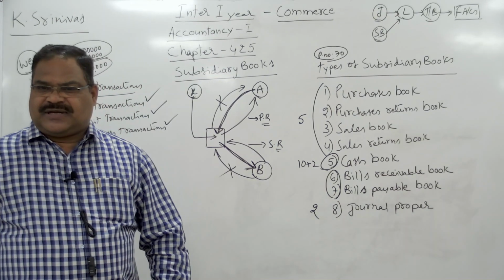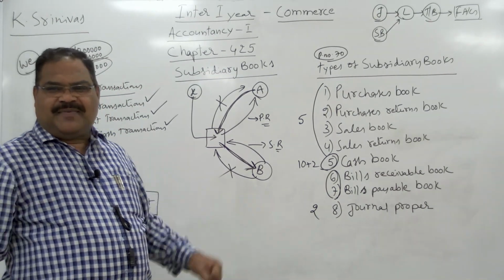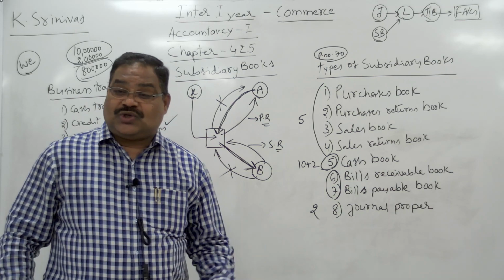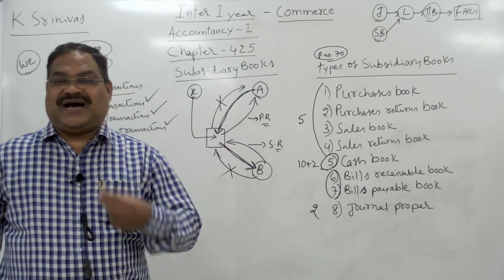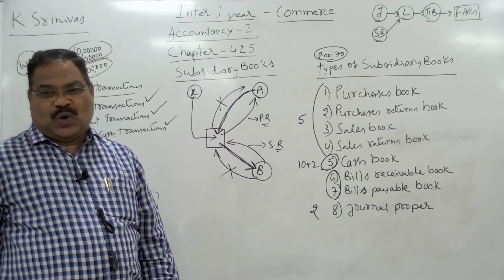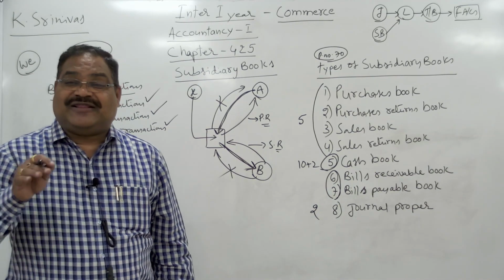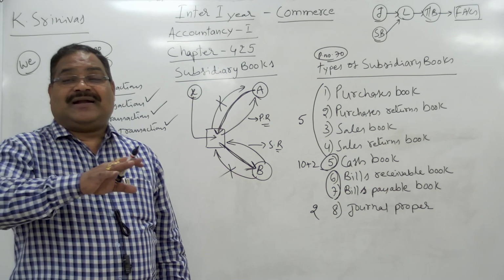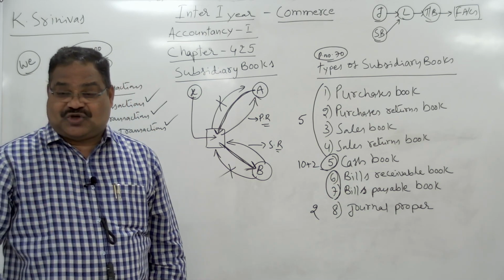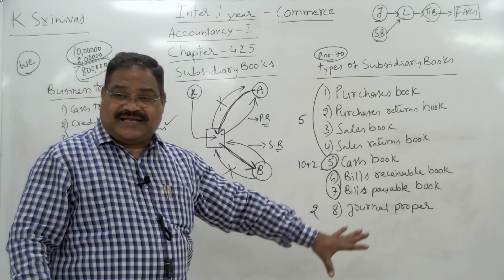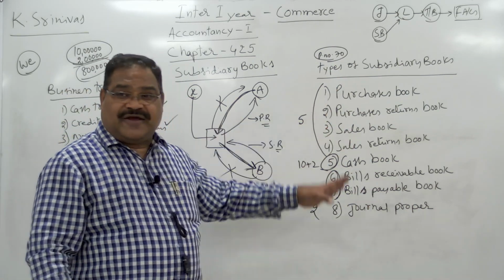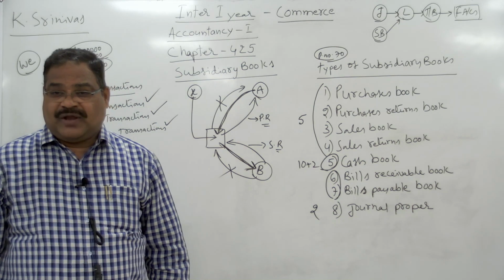Sometimes not only 19 marks, but sometimes you will be getting 24 marks. You may be wondering how. They will ask one theory question, right? Types of subsidiary books. Apart from all these compulsory ones, they will give you one theory question for 5 marks.